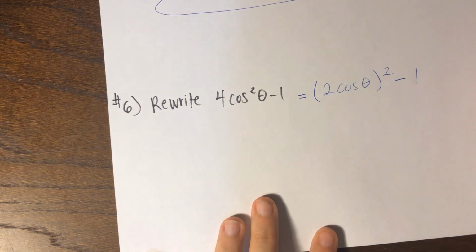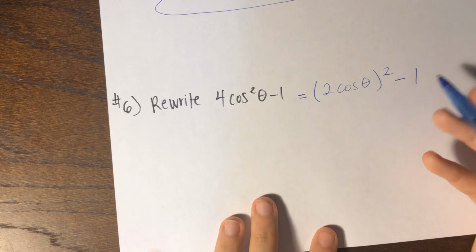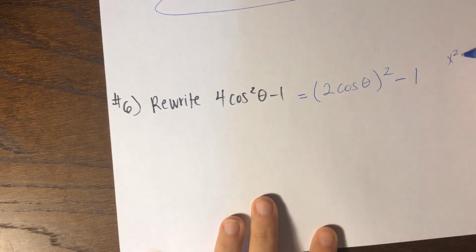I have this squared and this minus 1, so this is a difference of squares, which breaks into x plus 1 and x minus 1.